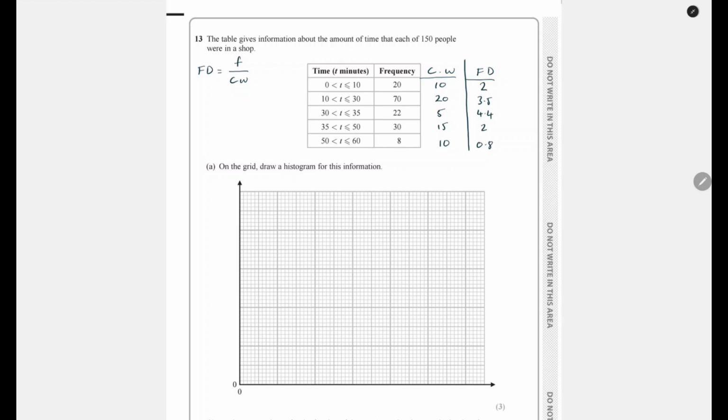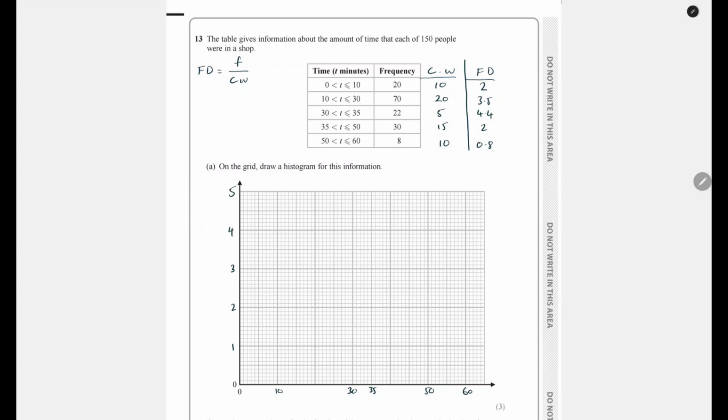So our y-axis is going to be a frequency density, and our x-axis is going to be our time in units. So this will be 10 minutes. This will be 30 minutes, 35, 50, and 60. Our y-axis is our frequency density, and so we just need to come up with a scale for it. We can say 1, 2, 3, 4, and 5.